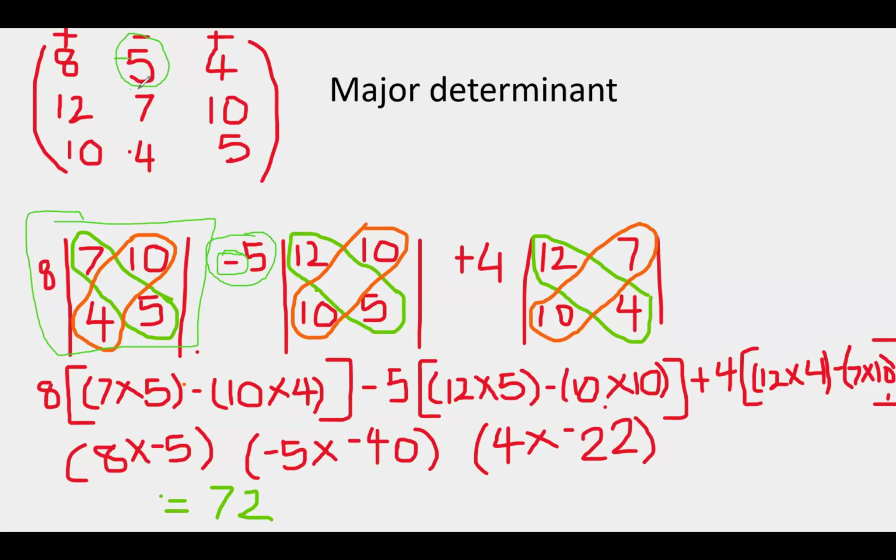Kindly don't write these as negative values. These remain positive unless the matrix itself has, let's say if this 7 was negative, it should remain negative. But since in this particular scenario it's positive, it should remain positive. The negative sign only applies for this particular numerator, which is 5.